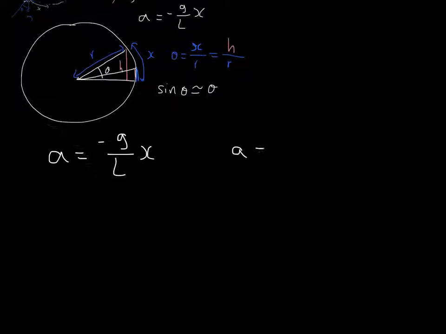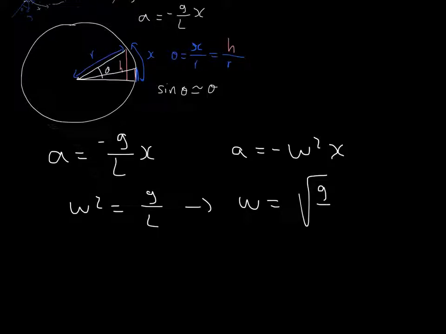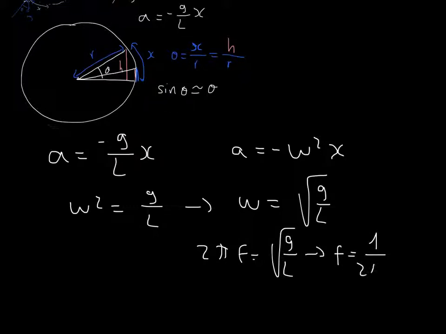And I also have that a for any simple harmonic motion is minus angular velocity squared times x, which means that this has to be equal to g over L. Therefore, the angular velocity has to be equal to the square root of g over L. And now remember that this thing is also equal to 2 pi times the frequency. So 2 pi times the frequency equals square root of g over L, and therefore the frequency of a pendulum is 1 over 2 pi times the square root of g over L.